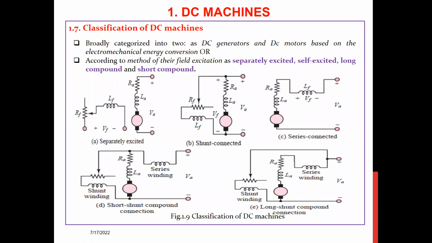In this video, we are going to discuss the classification of DC machines and later discuss the applications of DC machines. DC machines are classified into generators and motors.